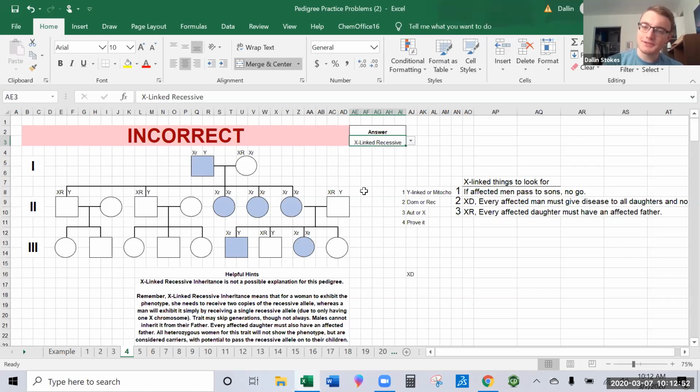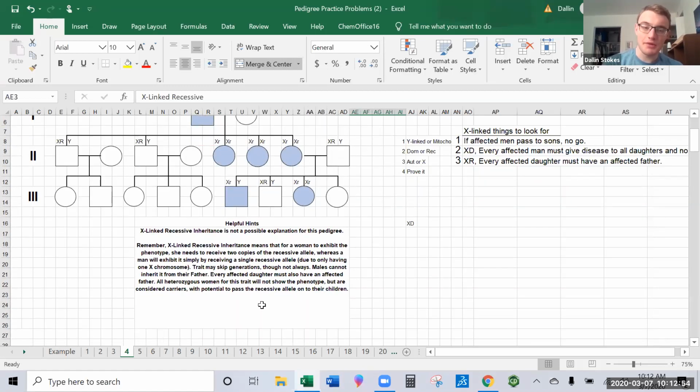And when you get the wrong answer, down here in the helpful hints box on each one of the 21, it tells you in the first paragraph whether it's possible, or possible but not likely, or impossible. In this case, X-linked recessive, we just proved it to be impossible, and sure enough, it says X-linked recessive inheritance is not possible for this pedigree. And then it goes in and tells you the rules for X-linked recessive so you can double check.